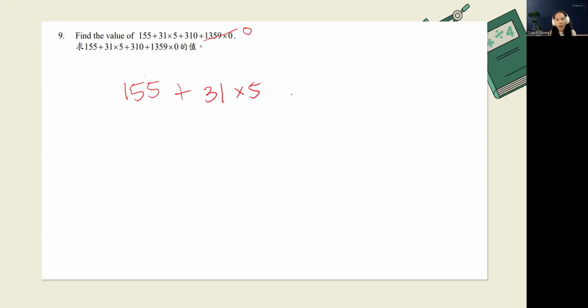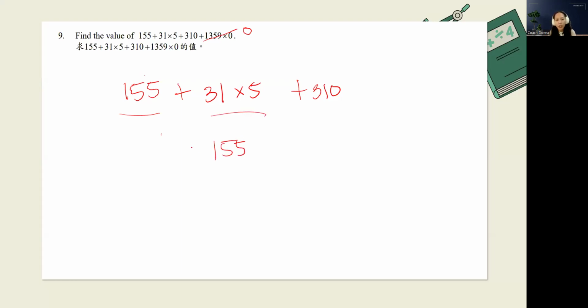31 times 5 plus 310. This is now our expression. So the next step would be we can actually express these numbers in terms of 155. 31 times 5 is 155.